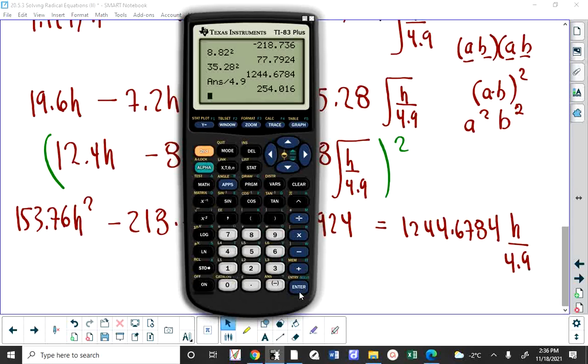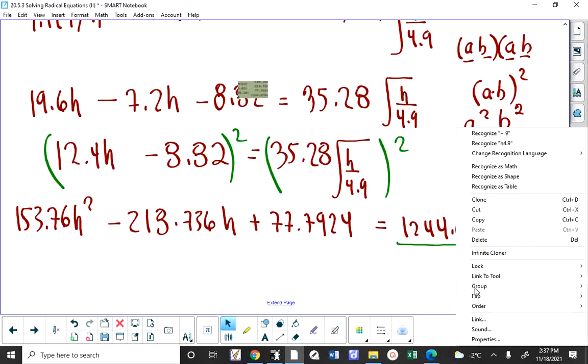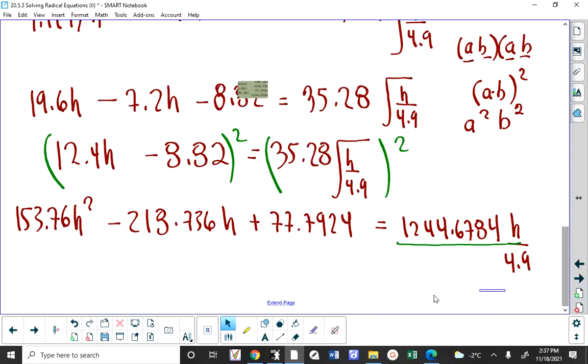Do you divide or multiply it? Divide, because the 4.9 is on the bottom. So, in other words, if I say I'm going to take 1244 times h divided by 4.9, instead of saying it that way, what I could say is I'm going to take 1244 divided by 4.9 and then multiply by h.